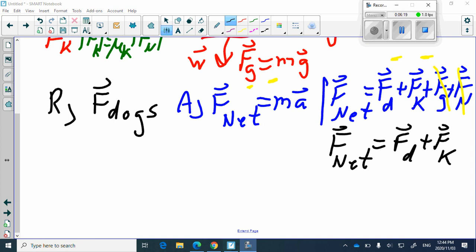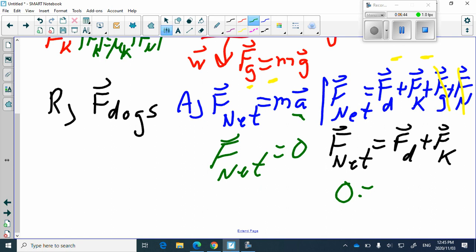So, as I was saying, you got to remember that this object is moving with a constant velocity. So if you think about that, your acceleration is 0, which means your net force is equal to 0. So that means this is equal to 0.